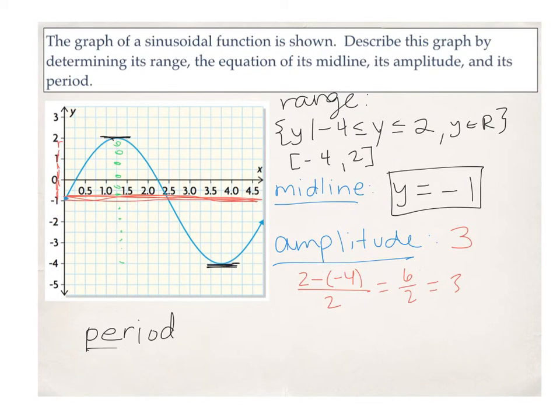Now, period, unfortunately, there's no equation for, because period, like I said, to me is pretty much the hardest part. Now, because here we actually don't see a full cycle, it never gets back up to the top the way we might want it to, which is frustrating. So one thing you can do here is look at how long it takes to do half a cycle, or even a quarter if you wanted.